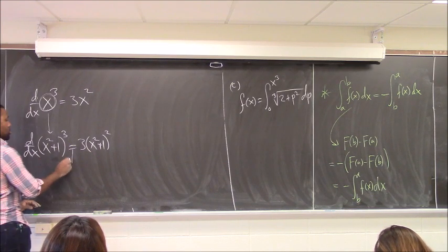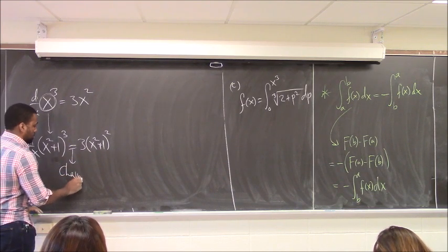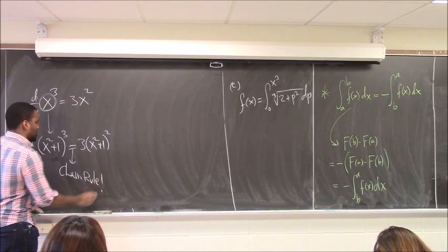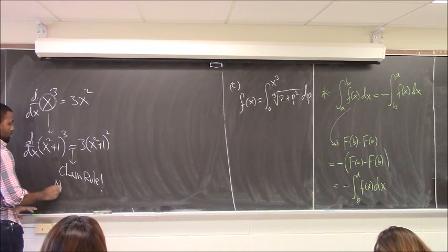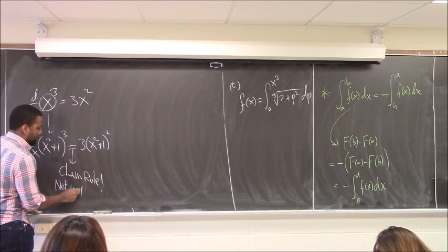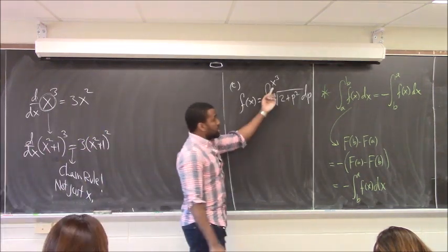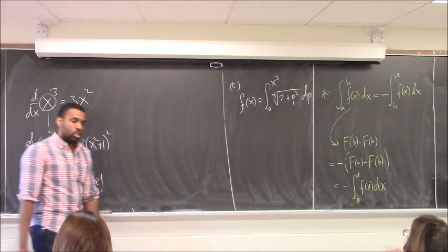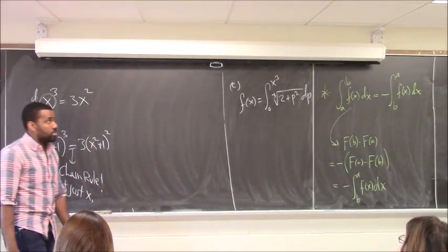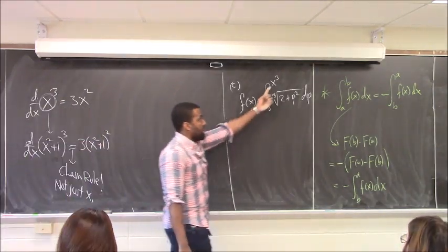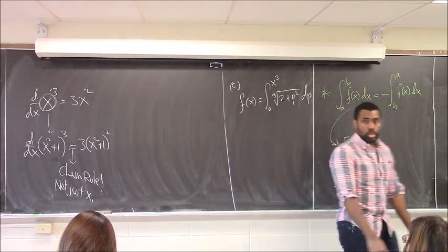You need the chain rule. Right? Because it's not just x. We're finding a derivative here. The same would apply. The second fundamental theorem of calculus gives you a rule that has x in it. It means if that x is replaced by any other function, the chain rule will kick in.